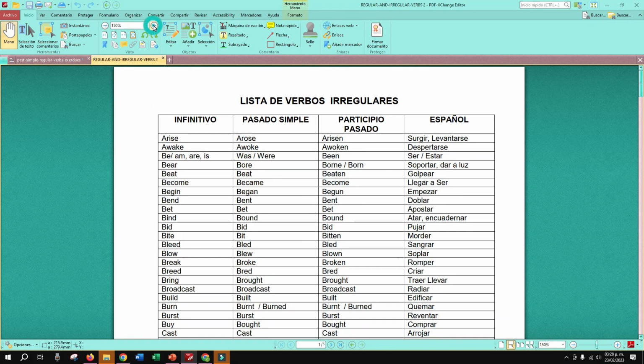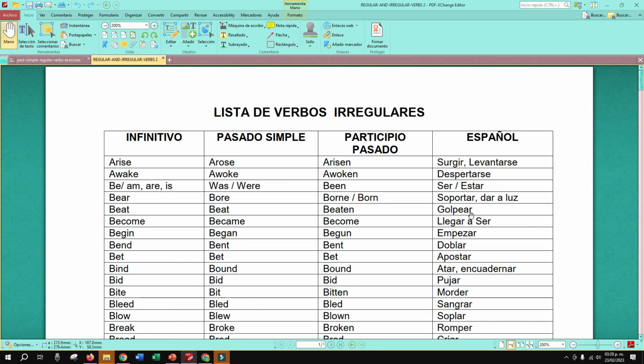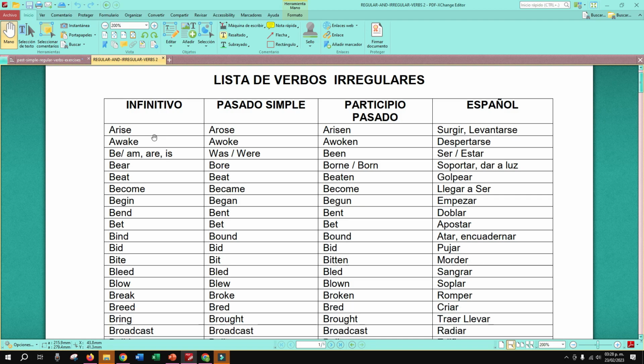Okay. So, there you have the base form, the simple past, and this is the past participle, but we're going to use this when we study present perfect, past perfect, and other structures, right? And you have here the meaning. You have arise, arose, awake, awoke.